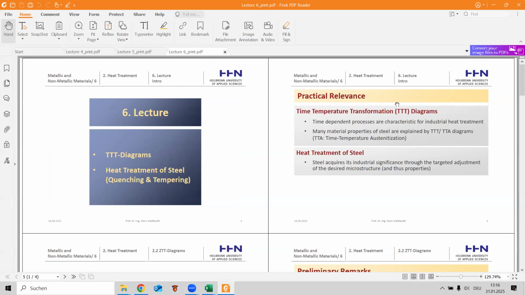Many material properties of steel are explained by your TTA diagrams. So it's TTA, time temperature austenitization. Heat treatment of steel still acquires its industrial significance through the targeted adjustment of the microstructure.